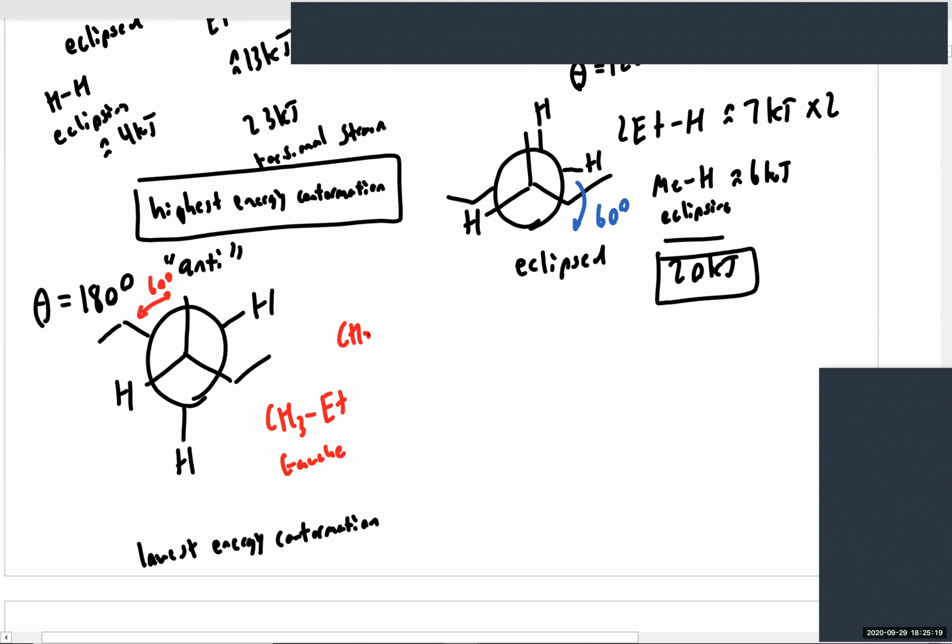And given that a methyl-methyl interaction, we said it's around 3.8 kilojoules, and we said that an ethyl-ethyl interaction was around 5 kilojoules, what would we estimate for our methyl-ethyl interaction?